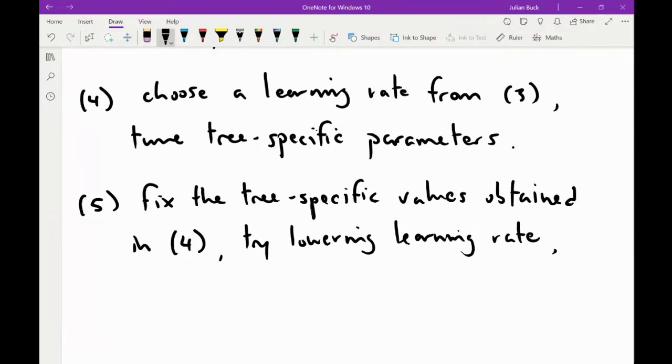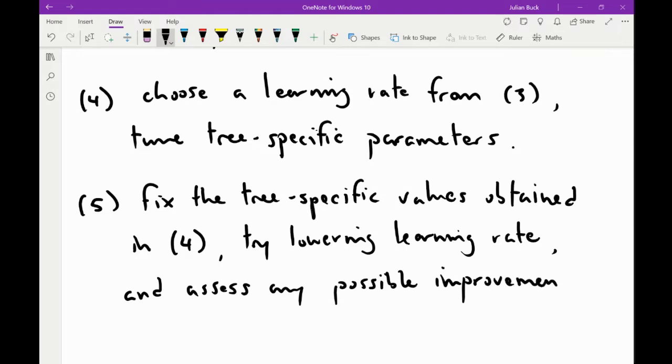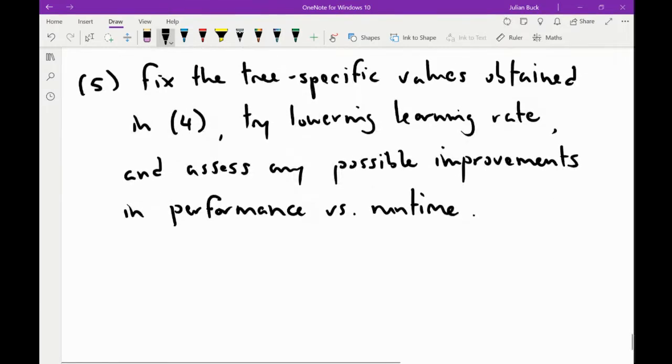So lower the learning rate and assess any possible improvements, because you don't necessarily get any, in performance versus runtime.